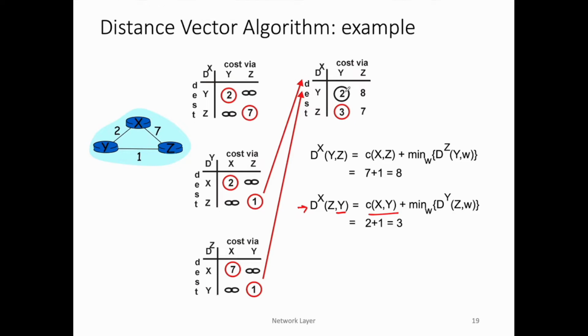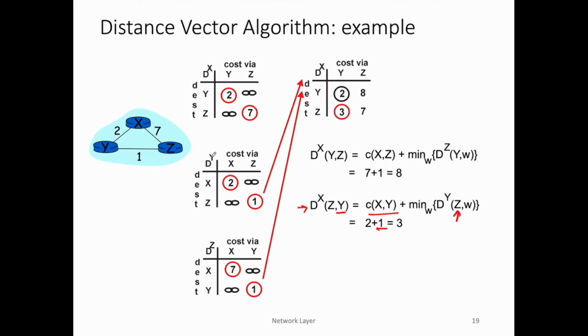Yes, 2. That's because Y is the direct neighbor of X, and we have this cost in the table as well. And what's the minimum cost from any neighbor of Y to reach the destination Z? If we look at this update, this cost is 1.